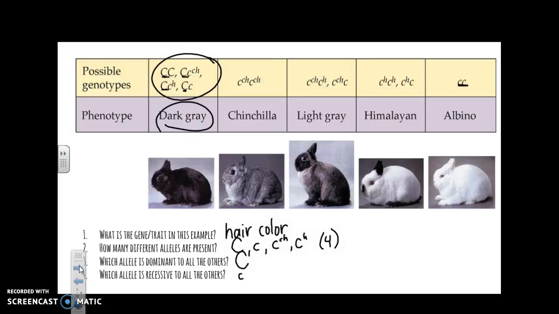So if you look up here, little c is the only way a rabbit could be albino. If there's another allele present that's not a little c, it won't be albino. So the only way that you're going to have an albino rabbit again is to be little c, little c. So that's why it's recessive to all the others. Because if you have anything other than the little c, it's not going to be albino.